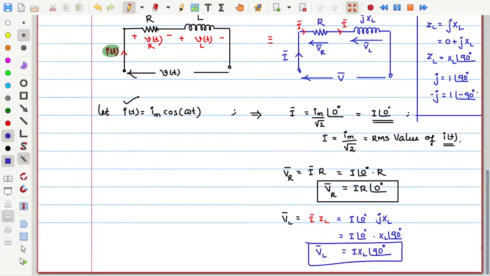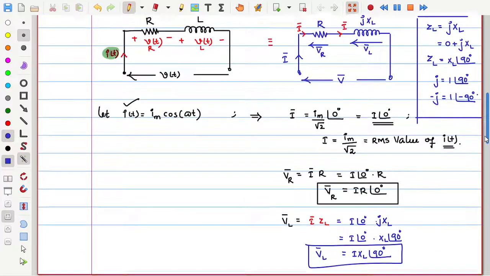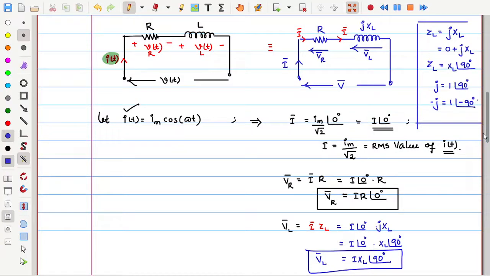Okay, right. So now I have the voltage across the inductor and the voltage across the resistor. Just like the Kirchhoff voltage law in a DC circuit, can I apply it here to get the total voltage V for this circuit? KVL: V is equal to VR plus VL. This arrowhead represents plus equivalent, and the non-arrowhead represents minus equivalent.